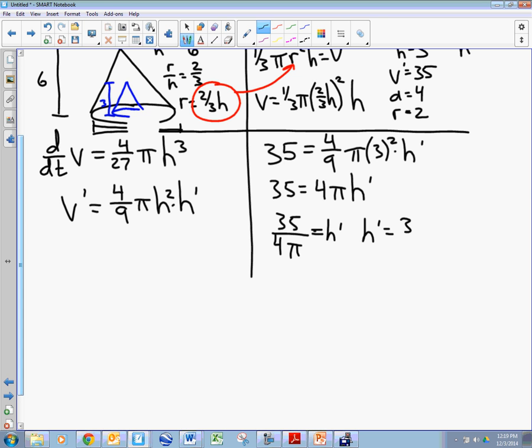So h prime is equal to 35 over 4 pi. What's the label? Feet per minute. Height is going to be a linear measurement, so we just have feet to the first power. So this has a decimal.